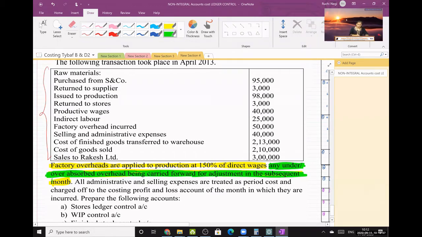For factory overheads, that is understood. Charging 150% of direct wages is easy. But what do you understand by this statement? Anyone, just give a try. I want answers. I don't want anybody sitting there quietly. You have to give answers. Wrong or right is fine, but at least use your brains. Think. What is the meaning of this sentence?